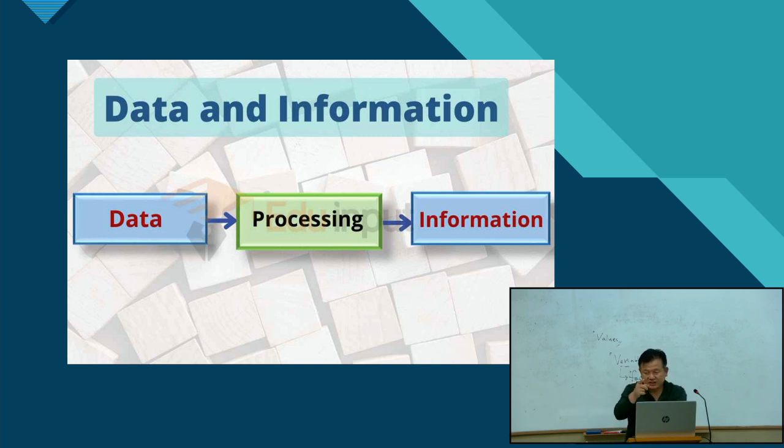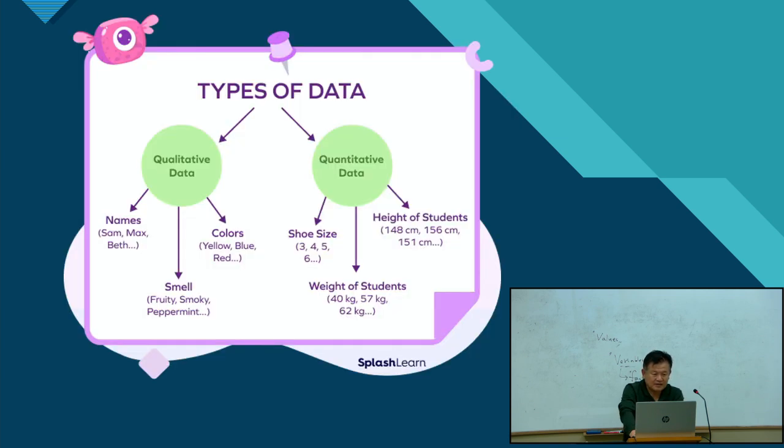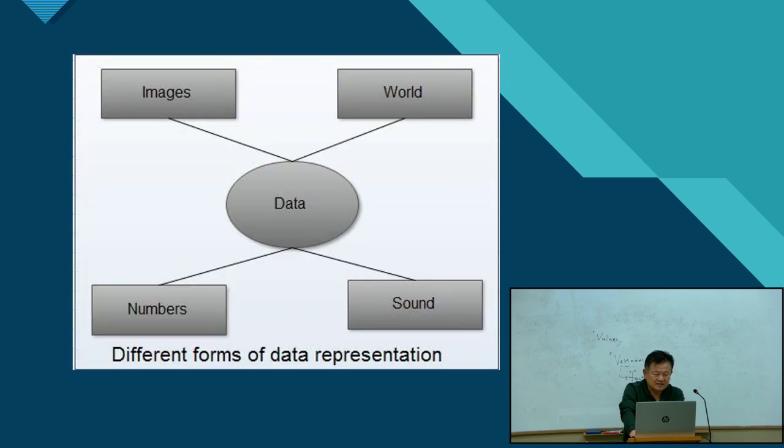Data processing and information is how we get information from data. As I said, nowadays it's AI, big data, and machine learning, something like that. Anyway, data comes in different forms, such as image, word, sound, symbols, or numbers, mostly numbers.